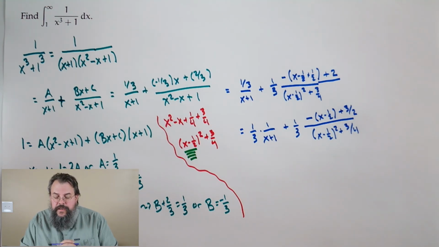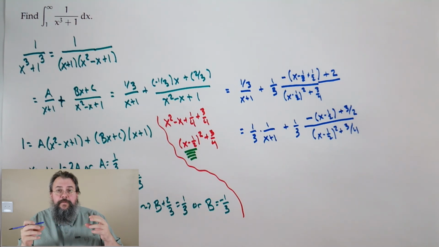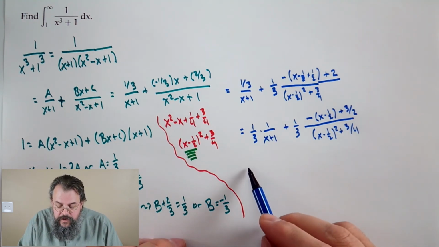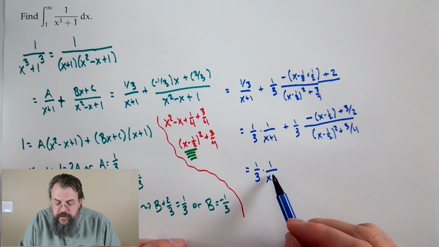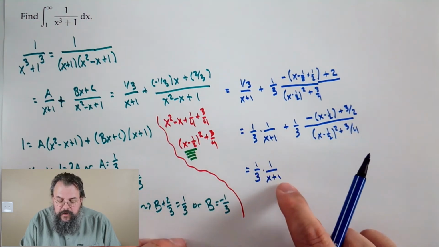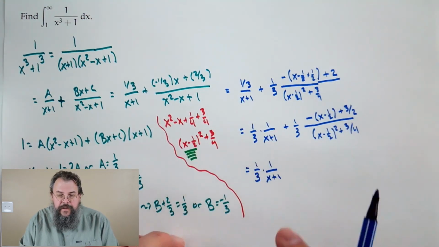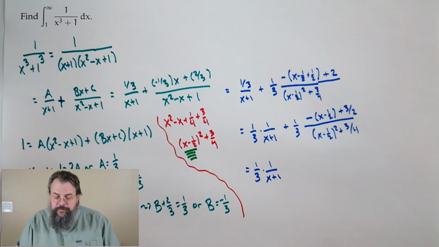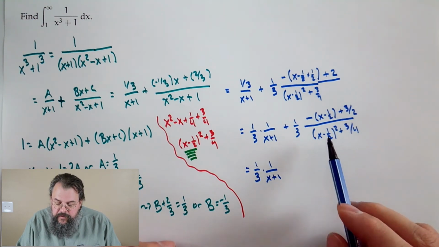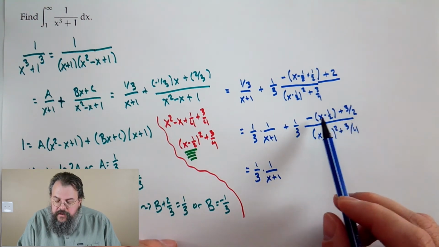So the last thing is I just want to split it up into pieces. So we're going to have the 1/3, 1 over x plus 1. And this is an easy integral. We should have said from the beginning, look, this part we're happy with. It's the other part where we want to really break it up. So this last part, we're going to break it up with the subtraction.